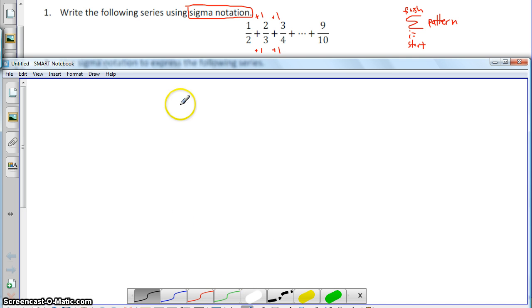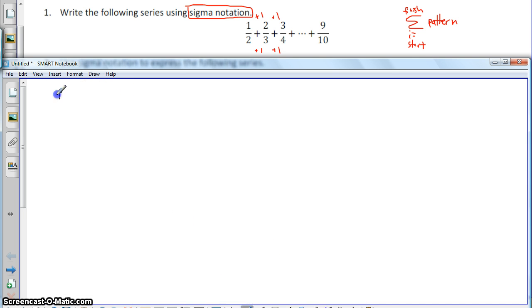If I look at just the top pattern, it looks like 1, 2, 3, 4, and so on. That's easy. That means the top has a pattern of just n, because the first term has 1, the second term has 2, the third term has 3.